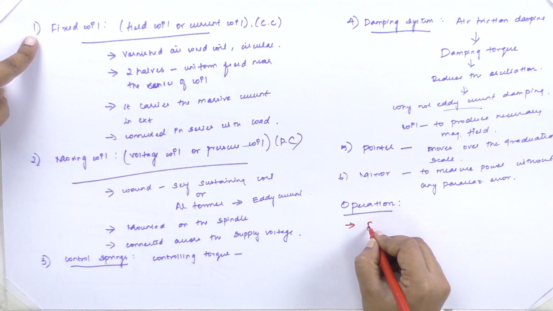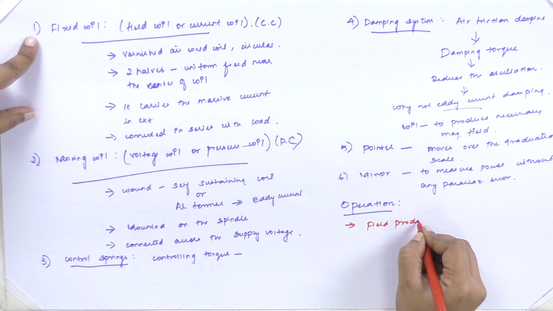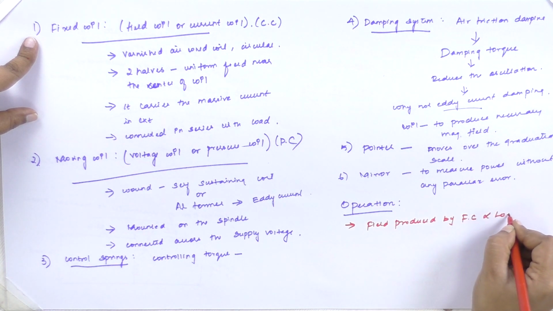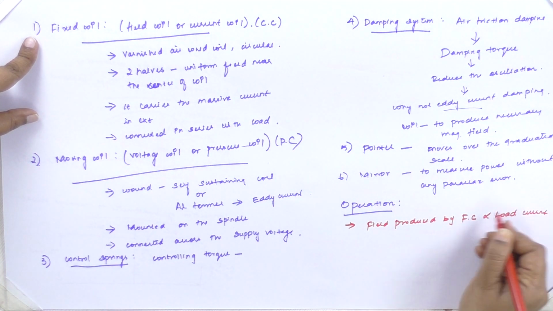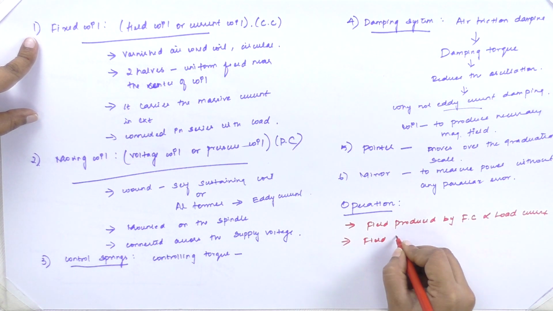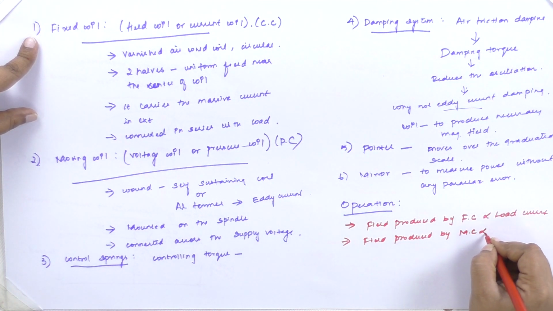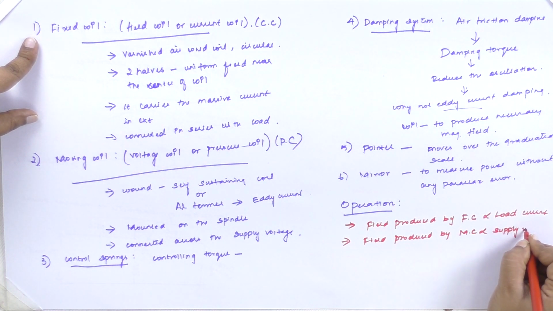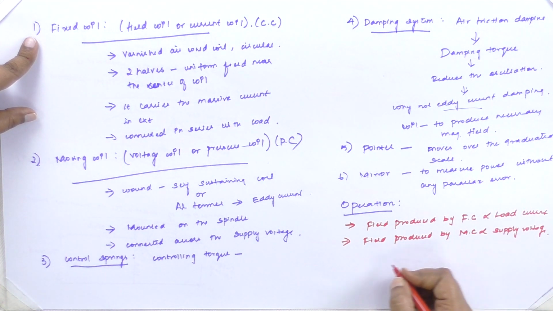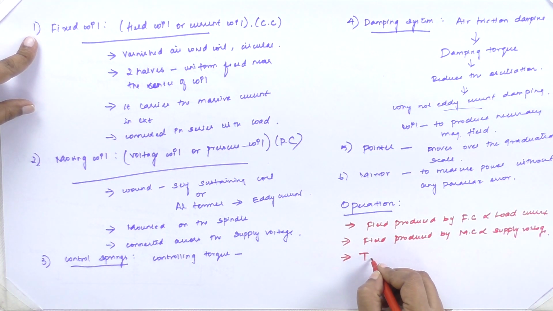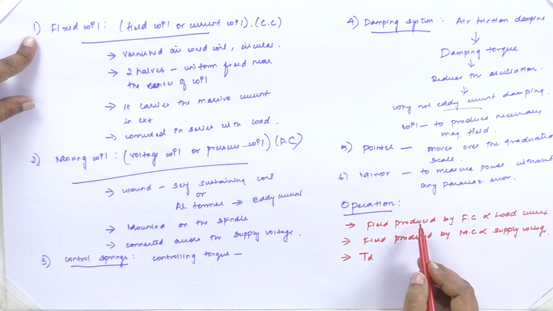The field produced by the fixed coil will be proportional to the load current, and the field produced by the moving coil will be proportional to the supply voltage. So, the strength of the field produced by these coils depends upon the amount of current flowing through them. The deflection torque will be produced because of interaction of these two fluxes produced in each coil.